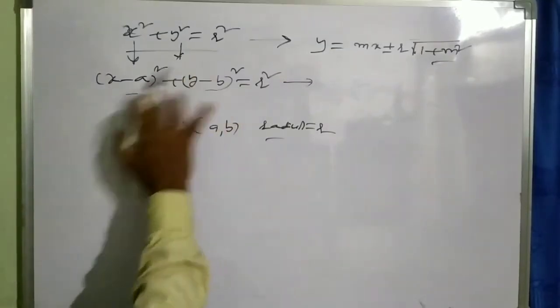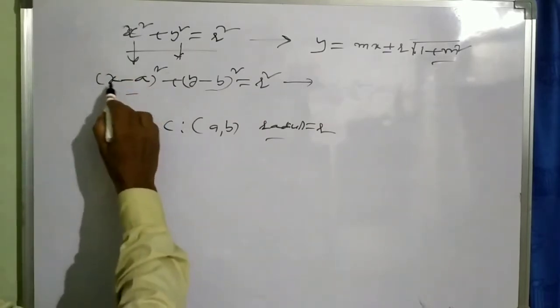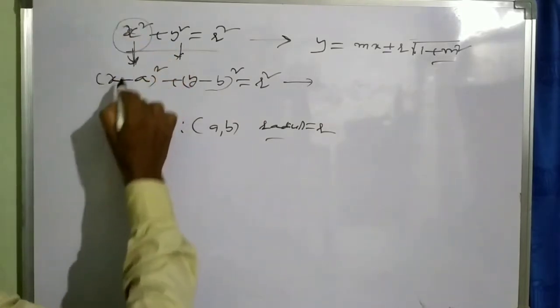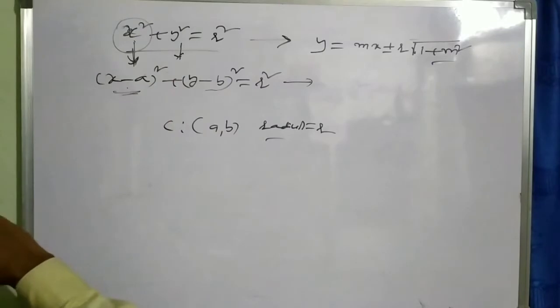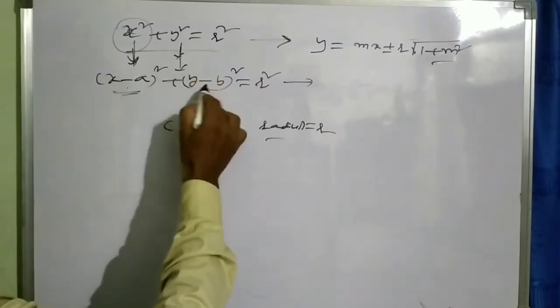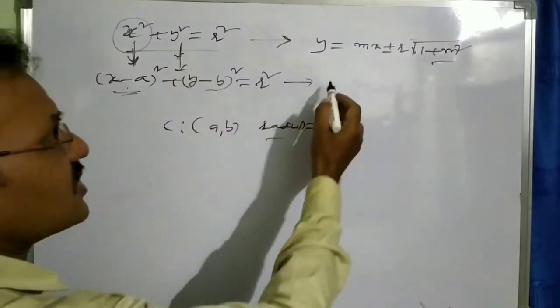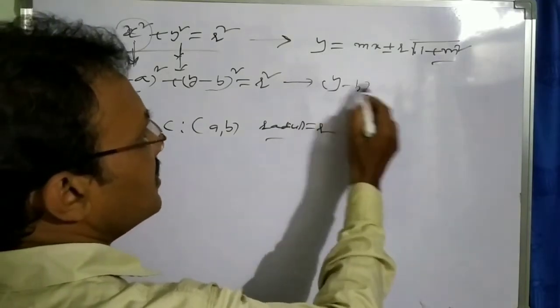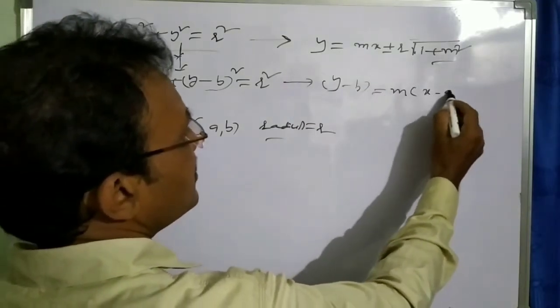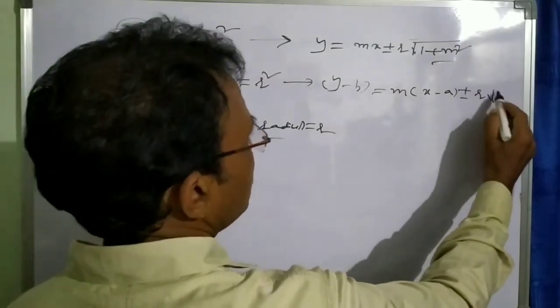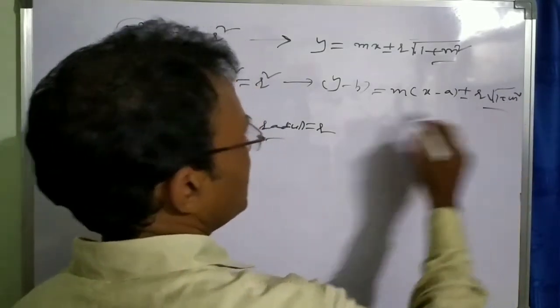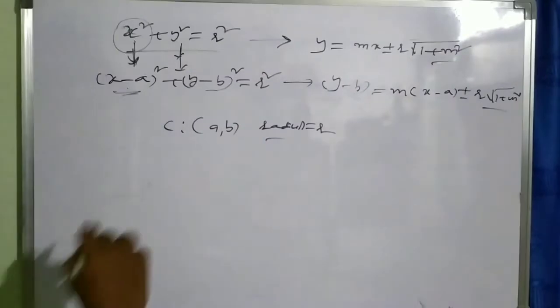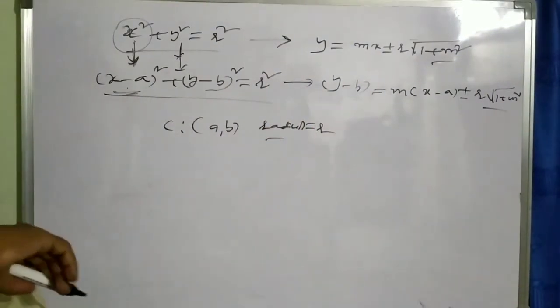So the center is a comma b. Whatever changes occur here, x is replaced by x minus a, y is replaced by y minus b, and the same changes occur for this tangent equation also. y minus b is equal to m into x minus a plus or minus r into root over 1 plus m square is the equation of tangent for this general equation.